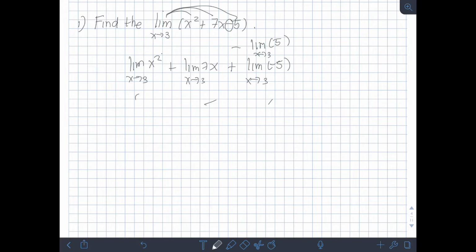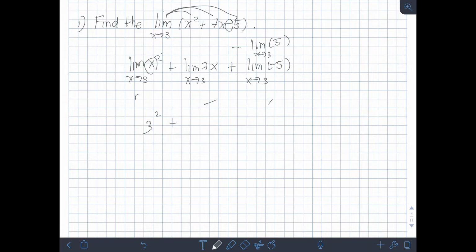So, hanapan muna natin yung limit nung function natin na x, which is identity function. So, kung ano yung limit natin ng x as x approaches 3, i-square lang natin. So, dapat yung sagot natin dito ay kung ano yung in-approach din ng x, which is 3. So, therefore, 3. Kaso may square siya, so i-square pa natin.